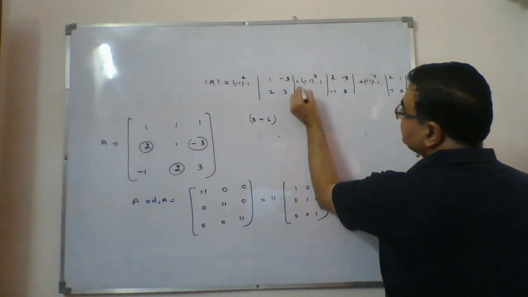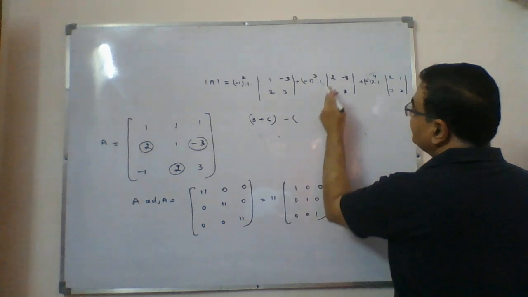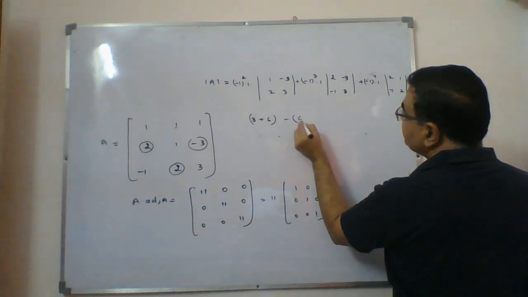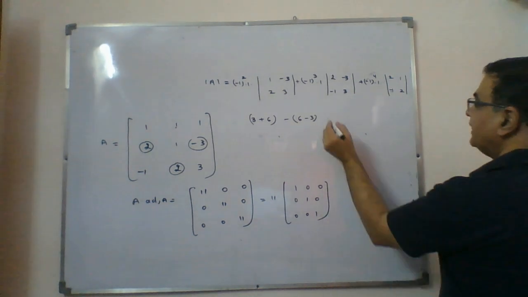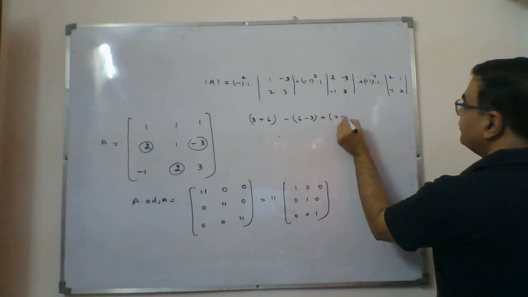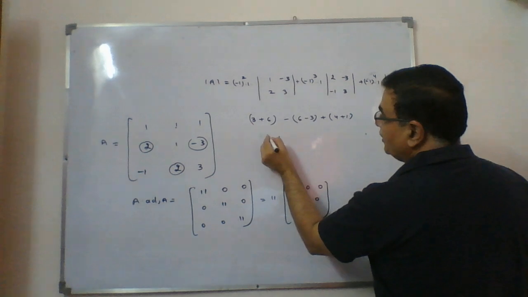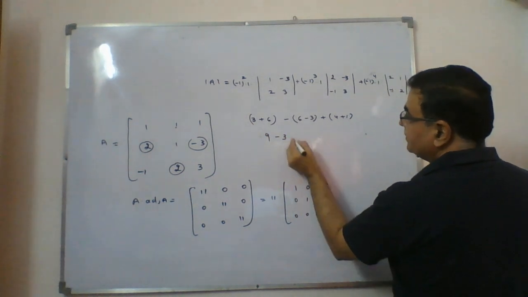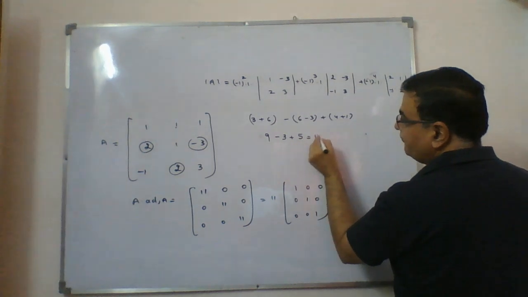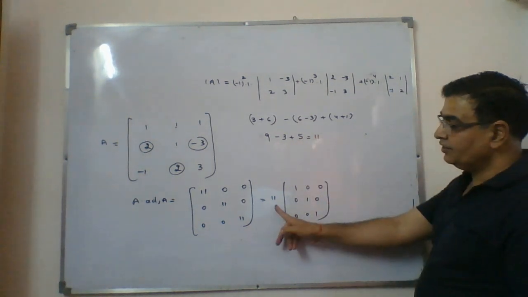Then it is minus here, so it will be 6 minus 3, and then plus 4 plus 1. So when you solve it, it will be 9 minus 3 plus 5. Is it 11? Is it your 11?